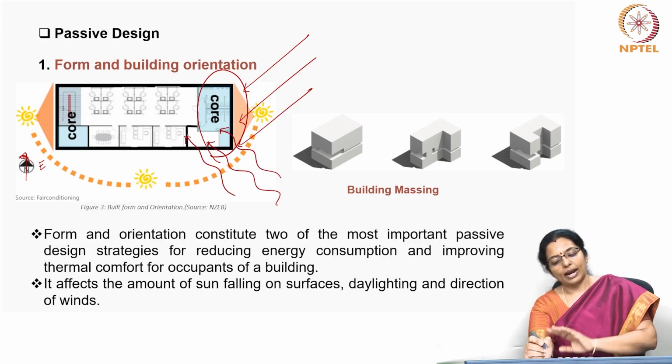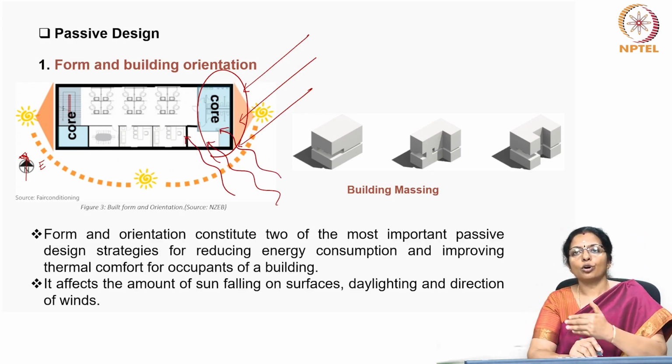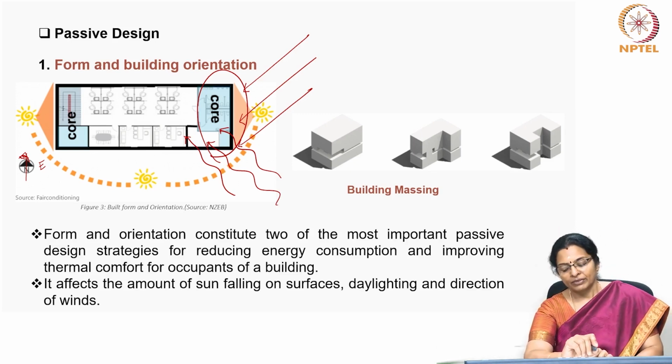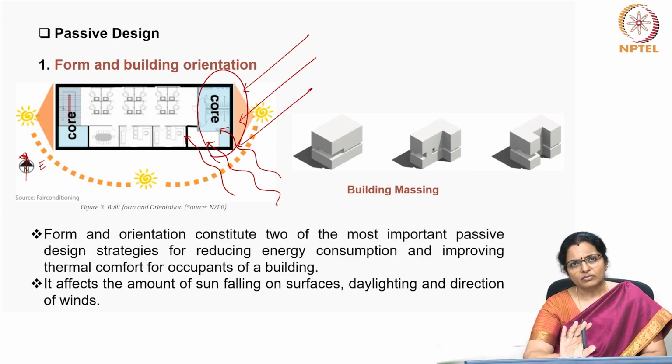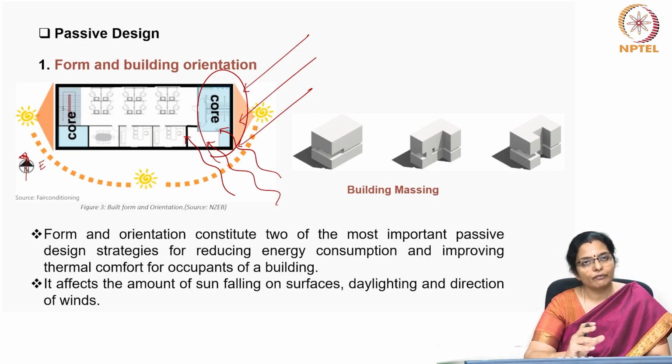So, form and orientation of a building determines the amount of heat and wind that can get inside a building. We will look at the simple passive techniques in brief only in this class, and we will move on to detailed discussion and detailed classes in the forthcoming classes.